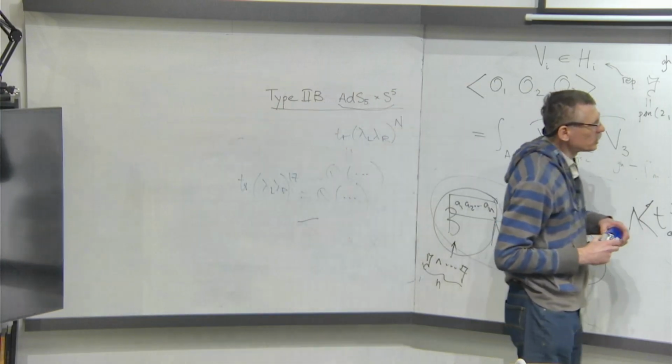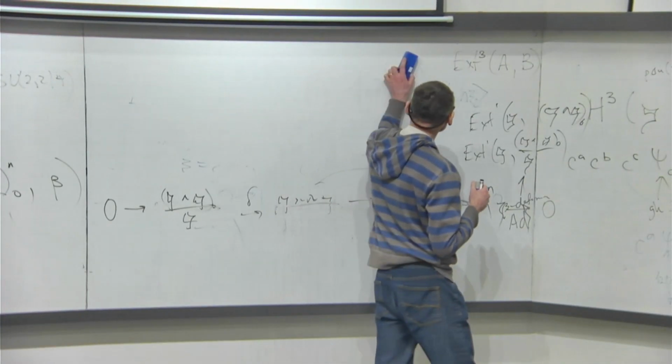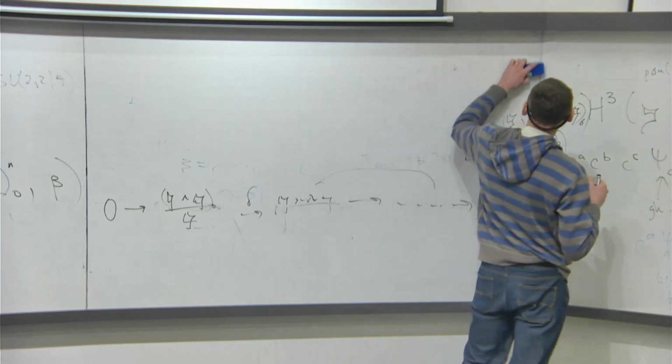So the conjecture in general is that there are finite dimensional representations which participate in deformations.